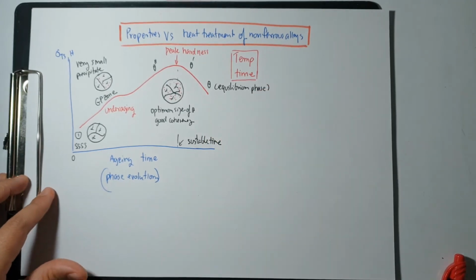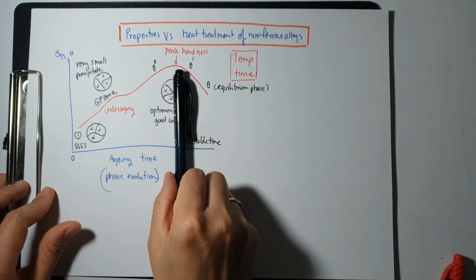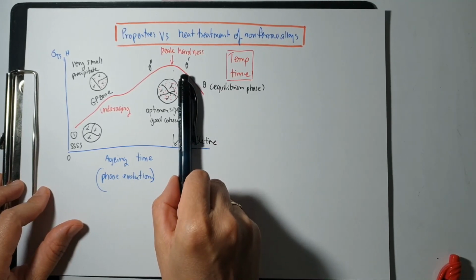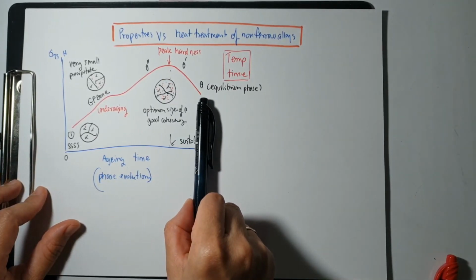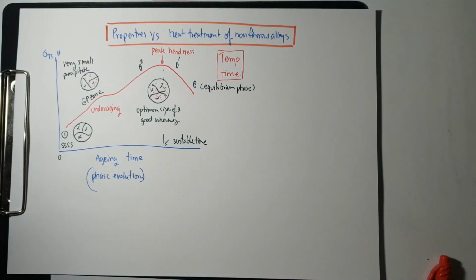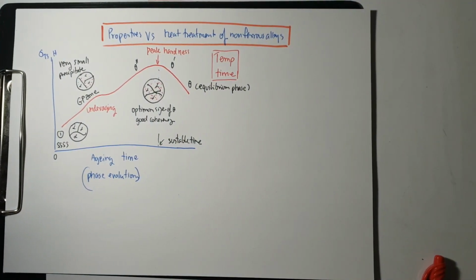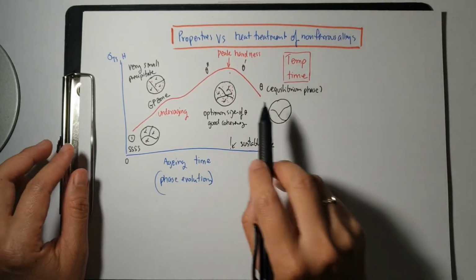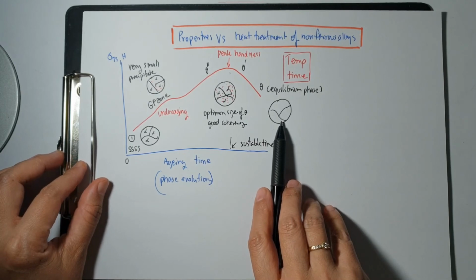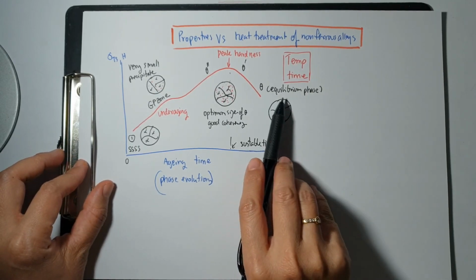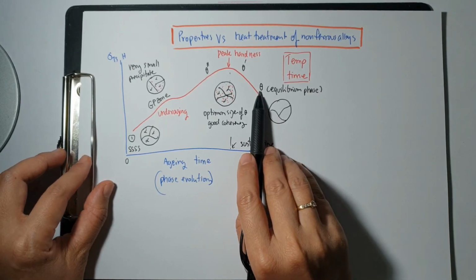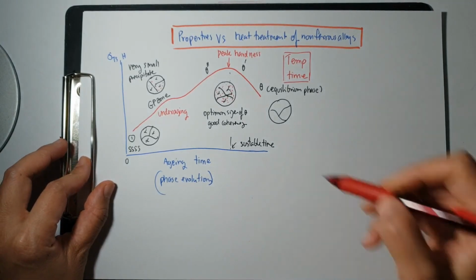Okay, but if we do the aging further, the theta prime enters the equilibrium phase, that the precipitate goes too big now. So when we increase the aging time further, we now arrive at the equilibrium condition that the theta phase grows too big.